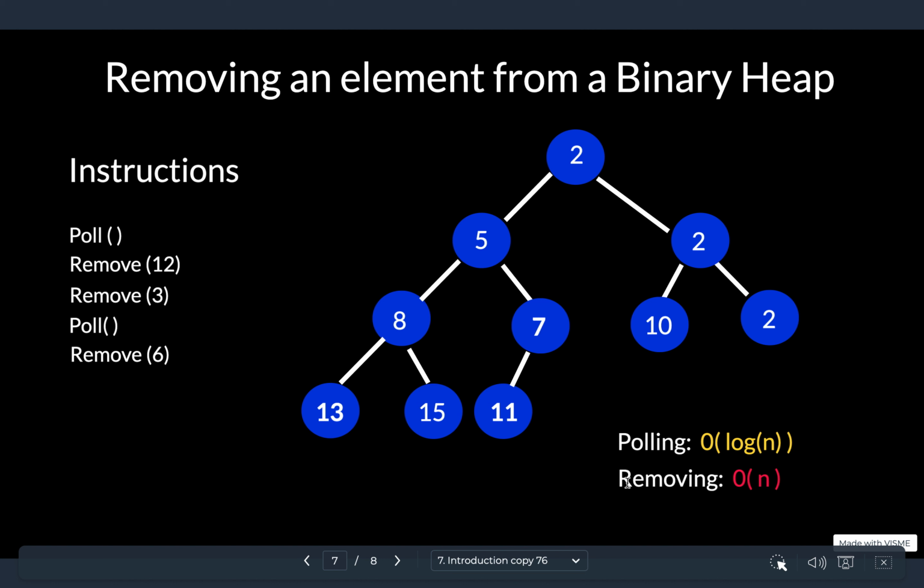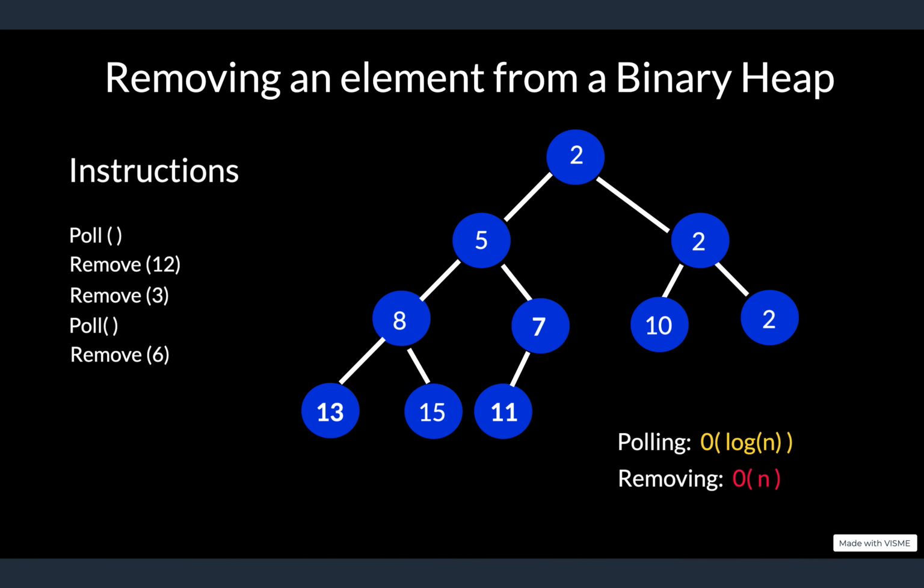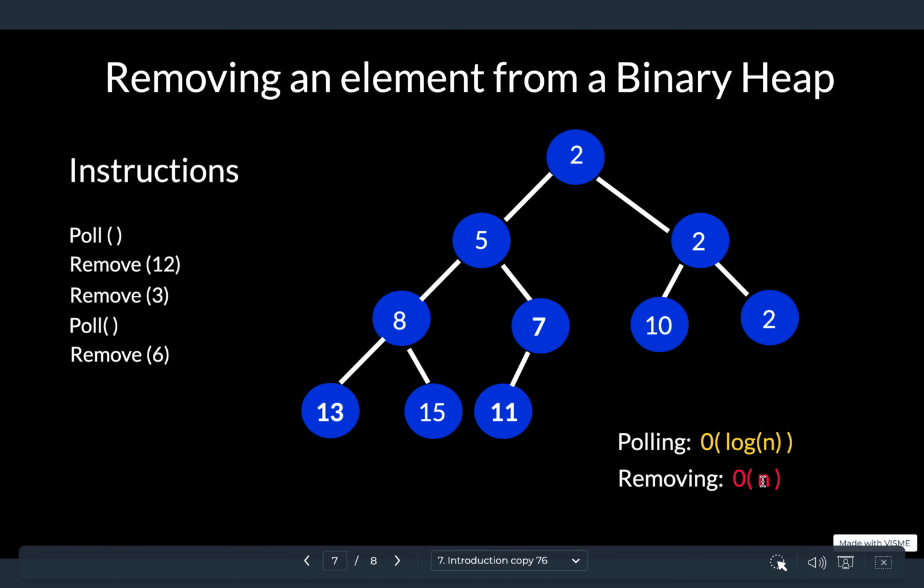But for the remove operation, we have to first find the position of the element that we want to remove, and that takes n time complexity. So this means that at the worst case, we have to check all the elements.